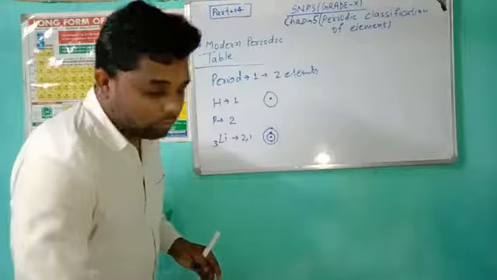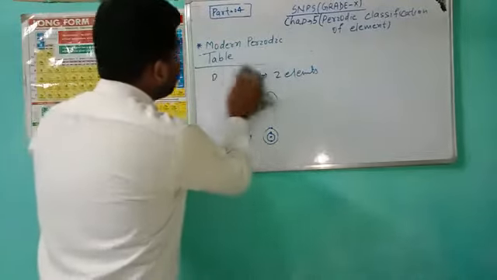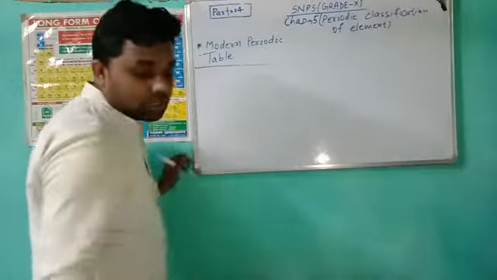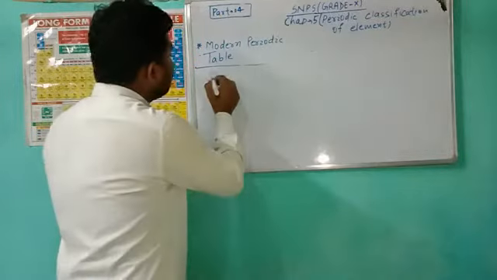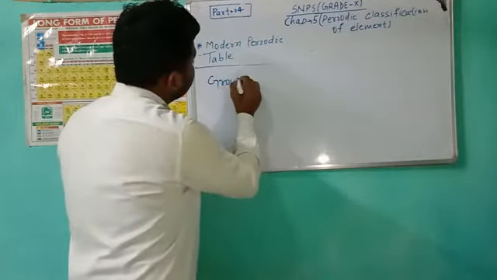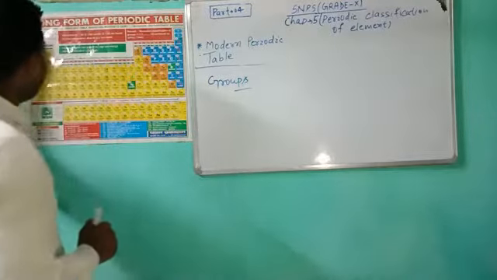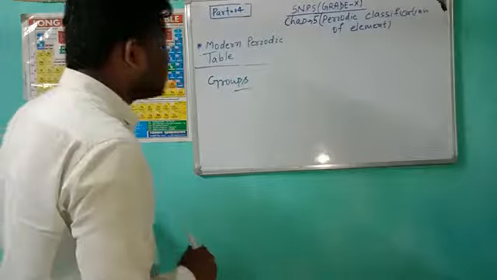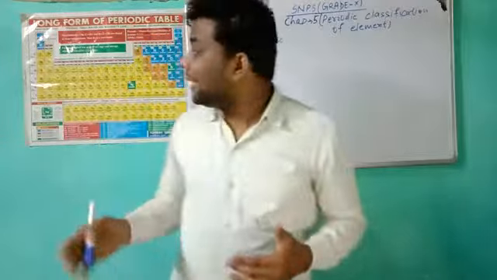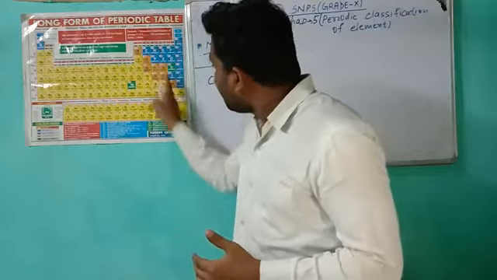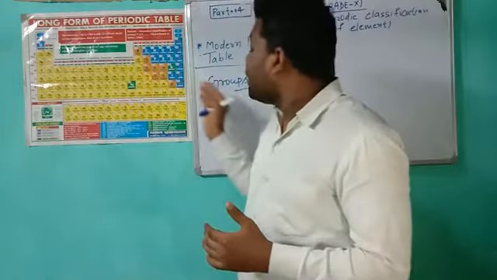So if we talk about the groups, what are groups? The vertical columns present in the modern periodic table are called groups.